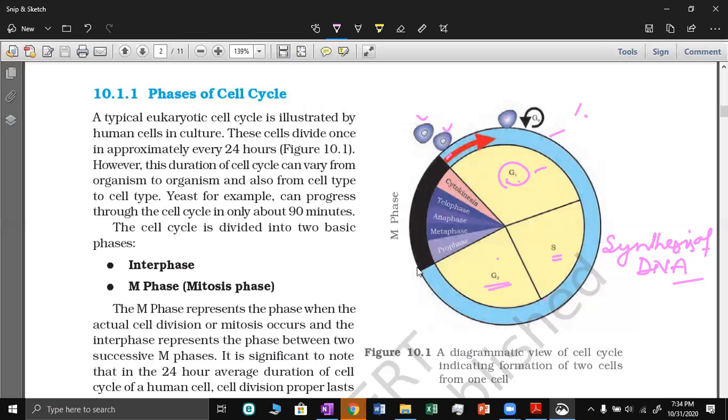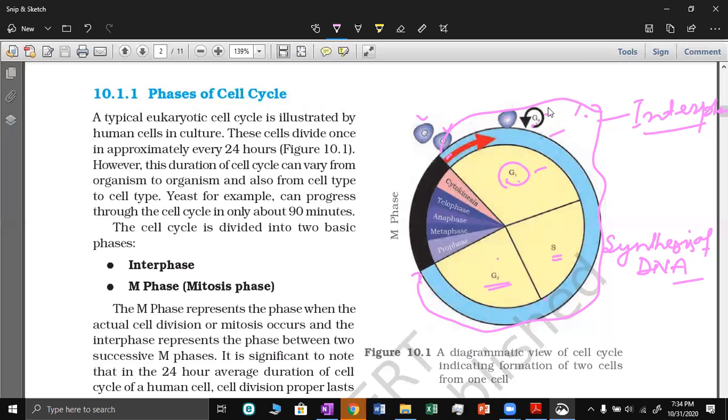This is gap. So this portion, from here to here, is interphase. Here you can see around that arrow, showing a circle arrow, this one is the G0 phase.